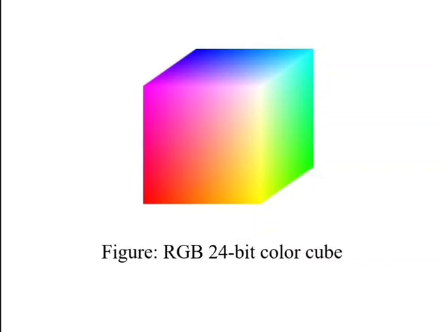The total number of colors in a 24-bit RGB image is (2^8)^3, because of the triplet, that is RGB. Therefore (2^8)^3 is equal to 16,777,216.